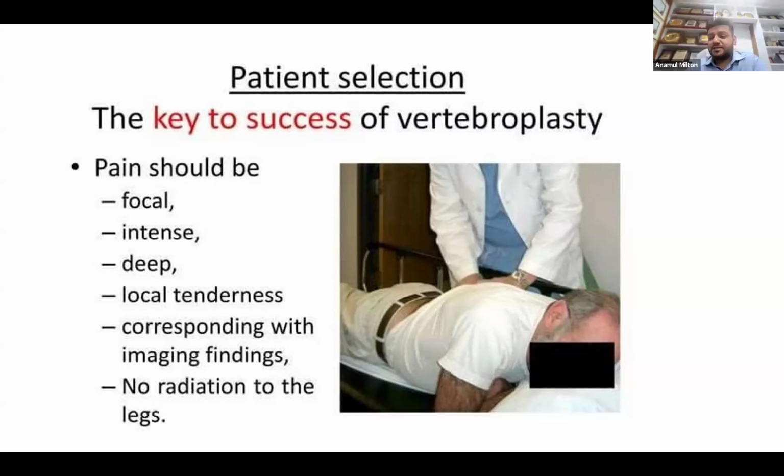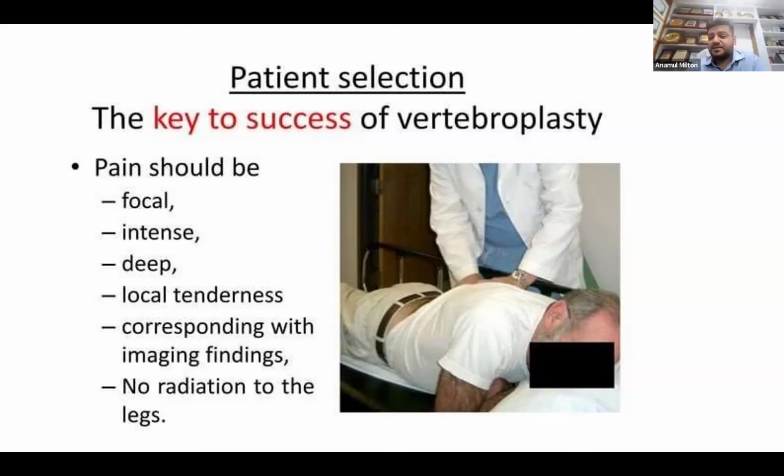This pain should be very focal, very intense, very deep pain, with local tenderness. If you give pressure over the spinous process, it causes severe pain if it is a recent fracture. So always correlate things, and also you should exclude whether this is radicular pain or not.